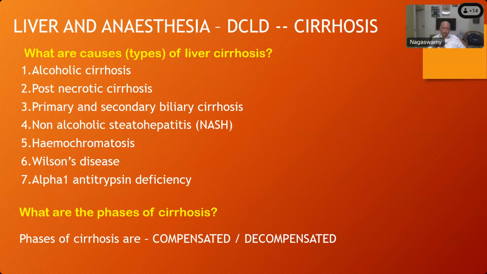That means only hepatocytes will be produced from those stem cells, whereas in the blood cells, one stem cell gives rise to macrophages, platelets, RBCs, and WBCs. So the capacity to regenerate is very much limited.